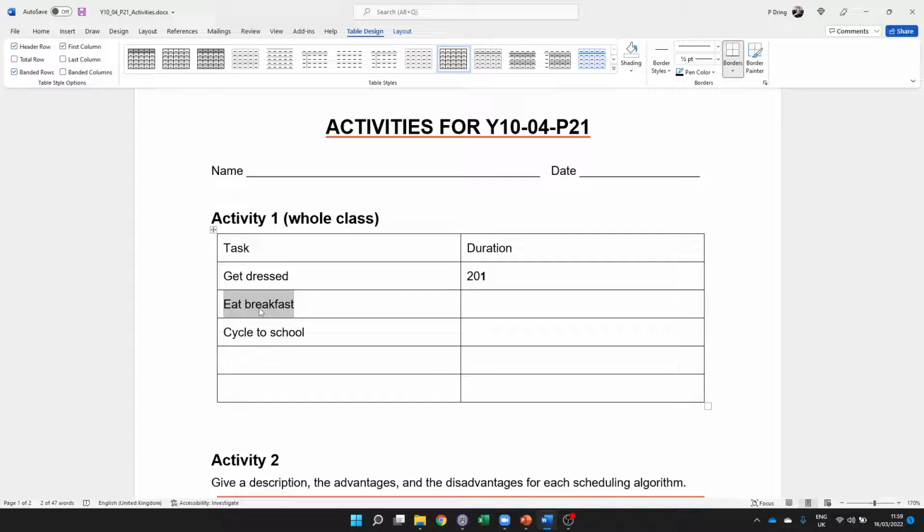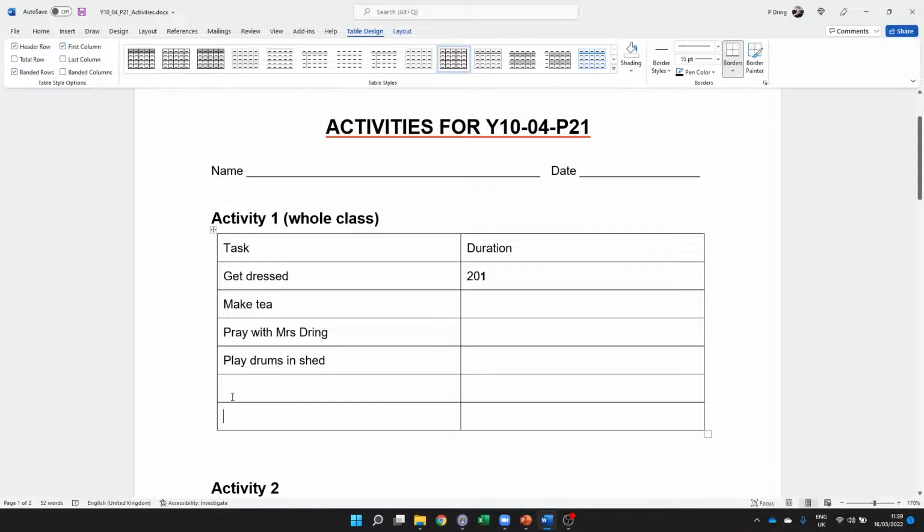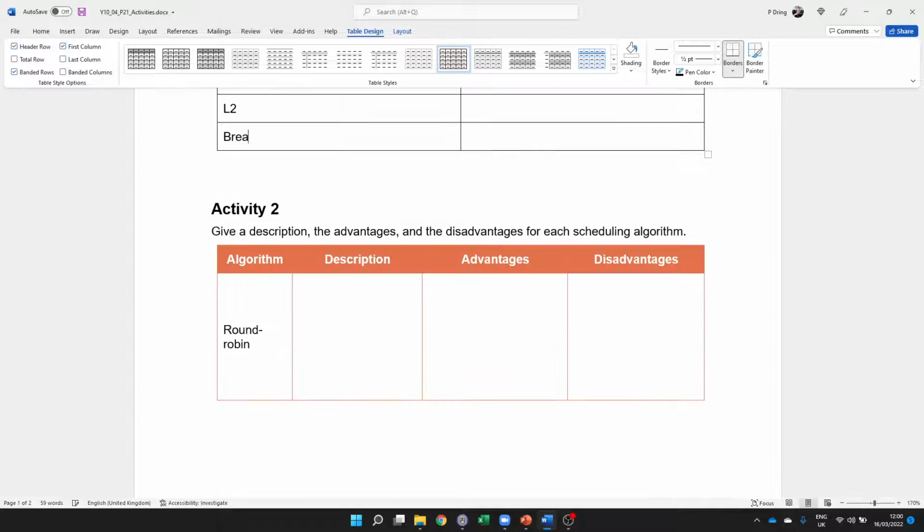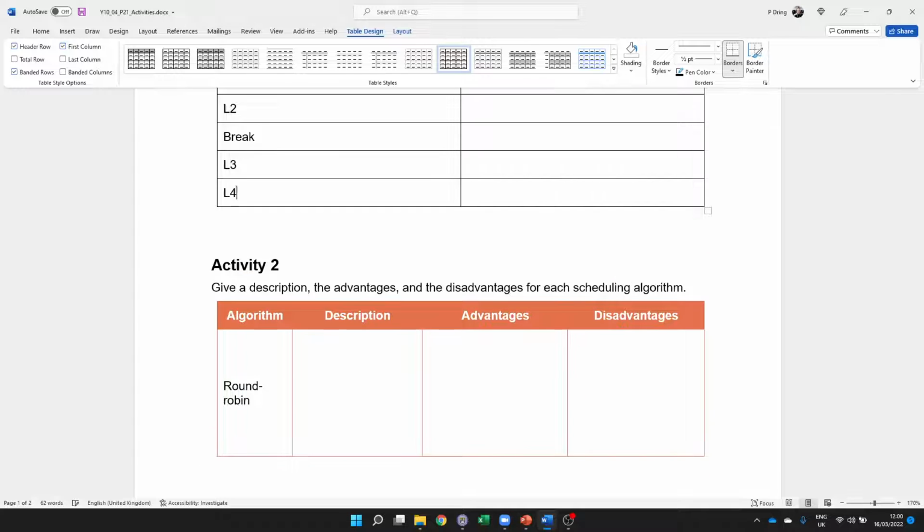Well, actually, before I eat breakfast, what is my morning routine? I get dressed, make tea, pray with Mrs. Dring, go to shed to play the drums, listen to the Bible, play the drums at the same time, make breakfast with the boys, eat breakfast, cycle to school, and then lesson 1, and then lesson 2, and then break, and then lesson 3, and then lesson 4.